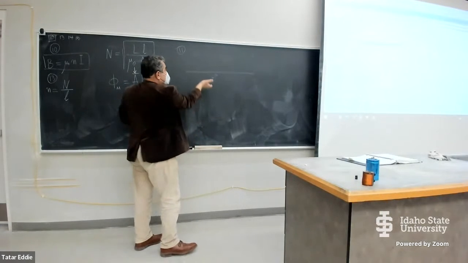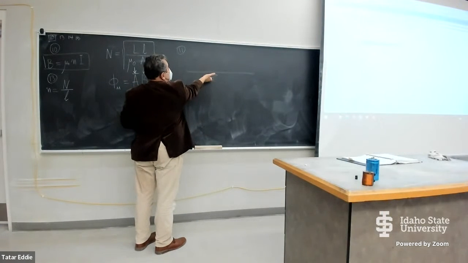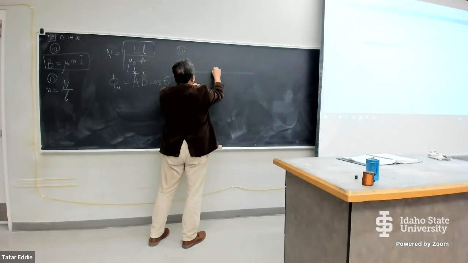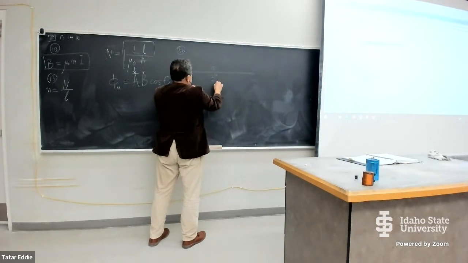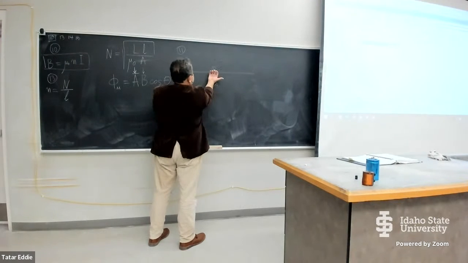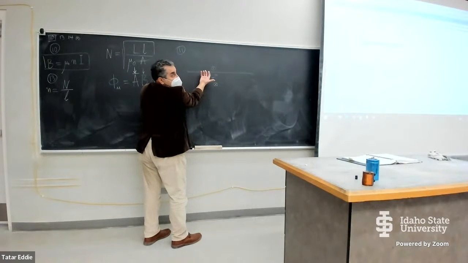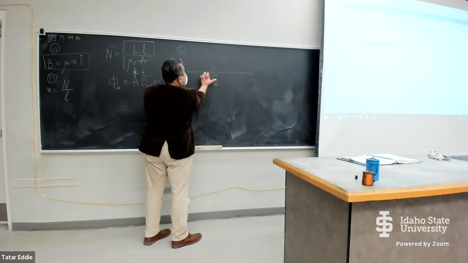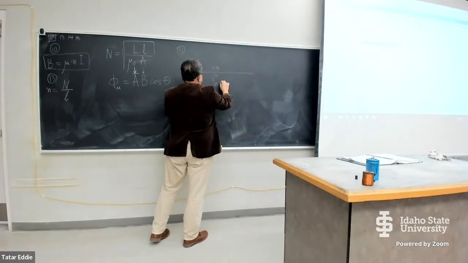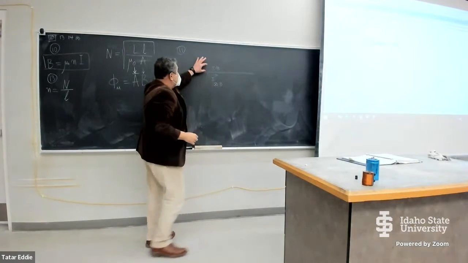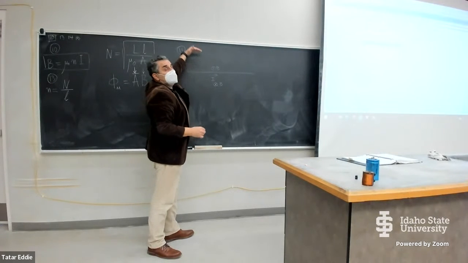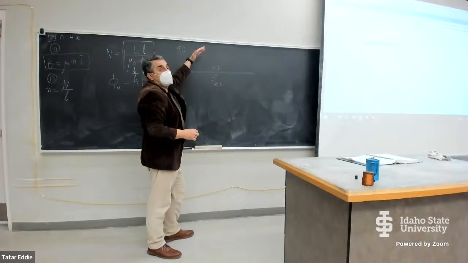The magnetic field created by this current, from the second right-hand rule, is going to be out of the board on this side and into the board on this side, right? Because of the right-hand rule this way. So this is the direction of the magnetic field. And that magnetic field is stronger when you're closer to the current and weaker when you're farther from the current.